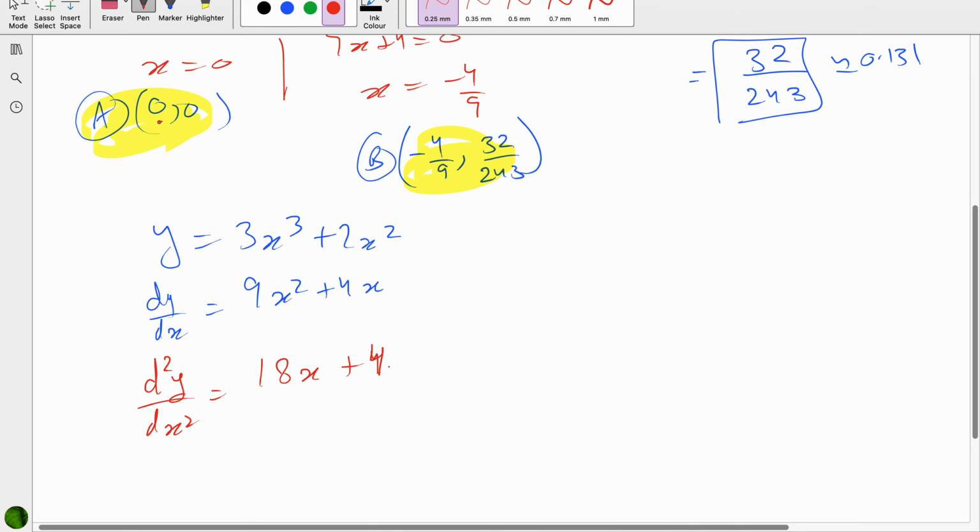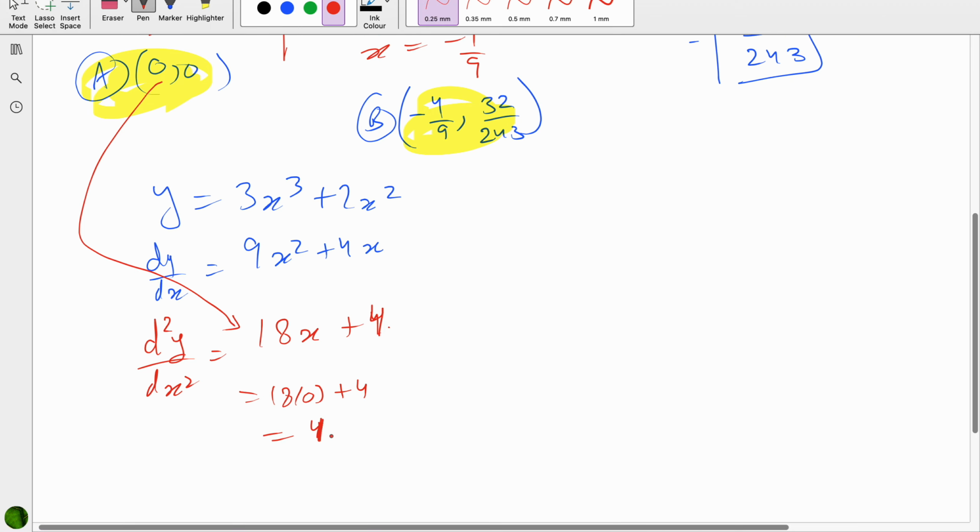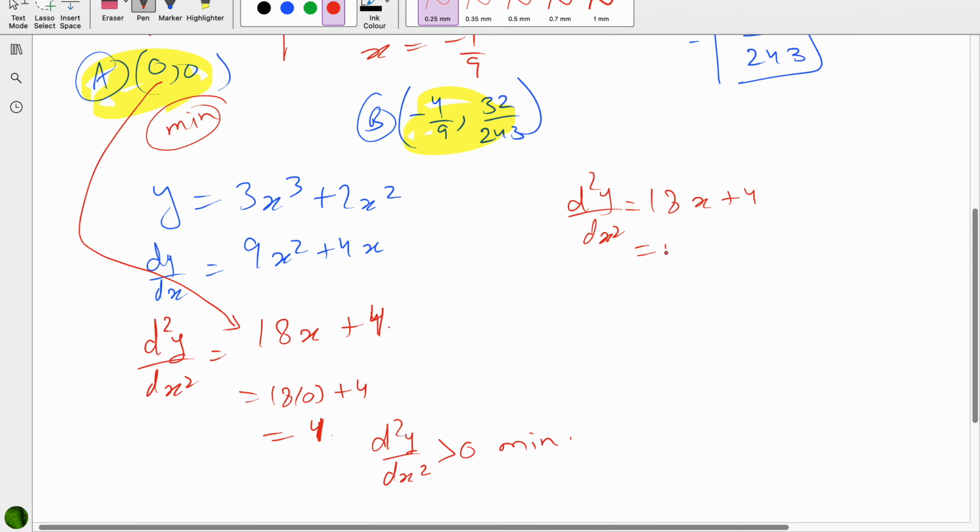When I use 0, when I'm looking for A, that is 18 times 0 plus 4 is equals to 4. I'm not interested in the magnitude. I'm just interested in positive or negative. So this is positive. When d square y by dx square is greater than 0, that is a minimum point. So this point is minimum. On the other hand, 18x plus 4, that is 18 times negative 4 by 9 plus 4.